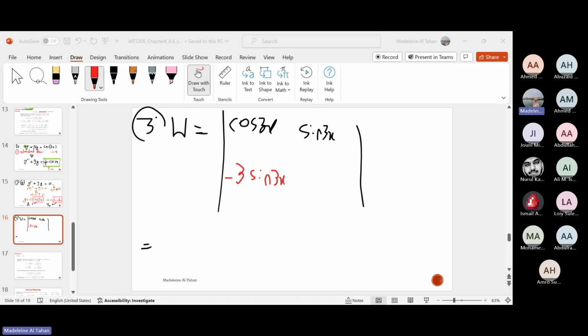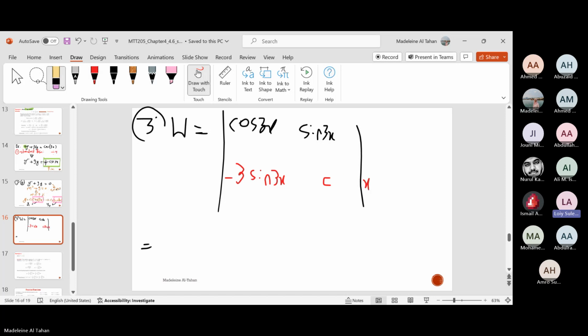And Lu'ay, what's the derivative of sine 3x? It becomes 3 cosine 3x. Is the sign negative or positive? The sign is positive.